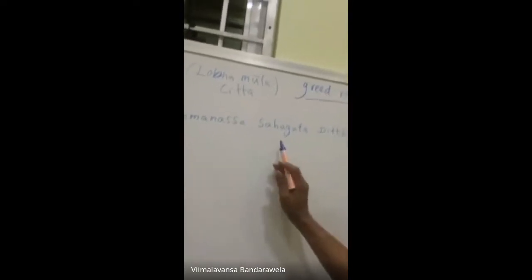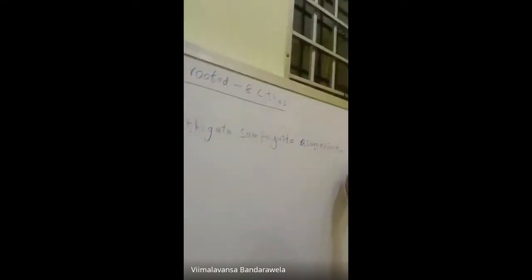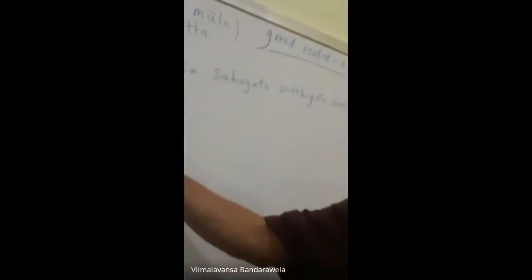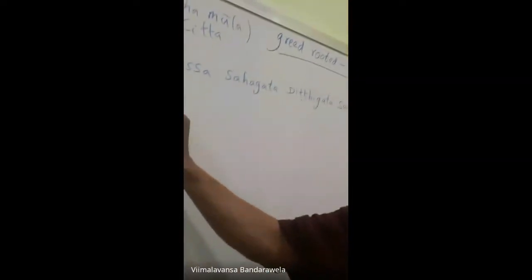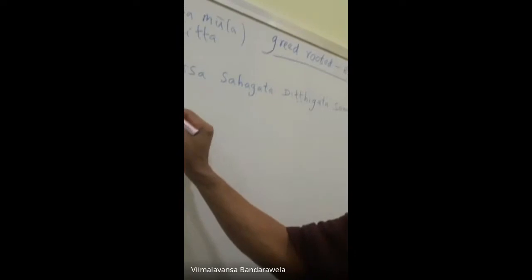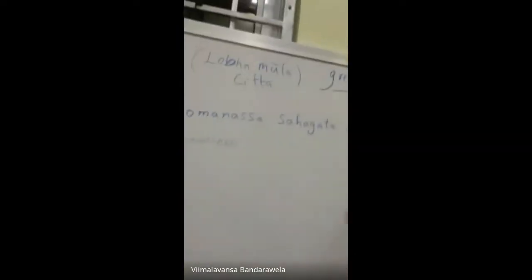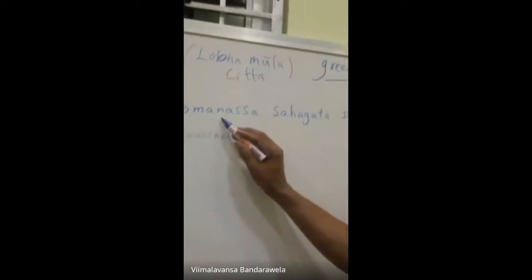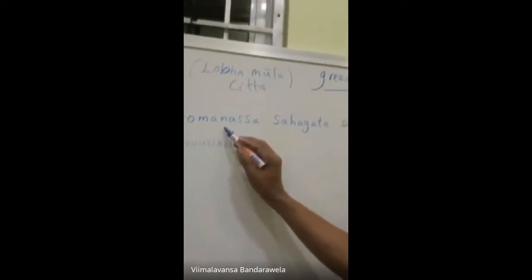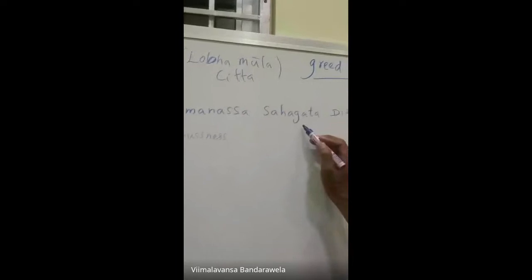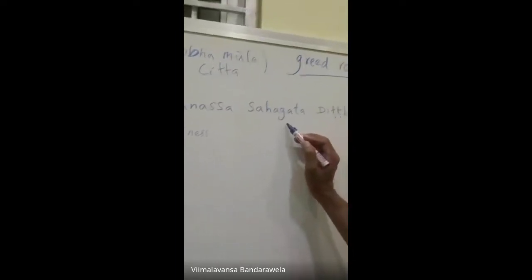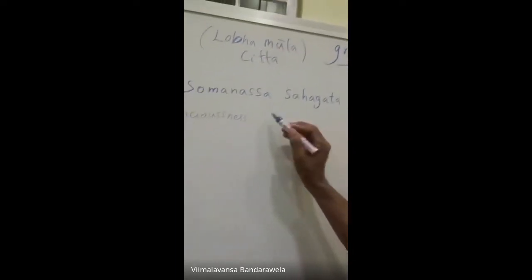Somanassa sahagata means the consciousness, the chitta, we can say here, the consciousness or the mind, right? Somanassa means pleasure, right? Sahagata means accompanied by, or associated with.